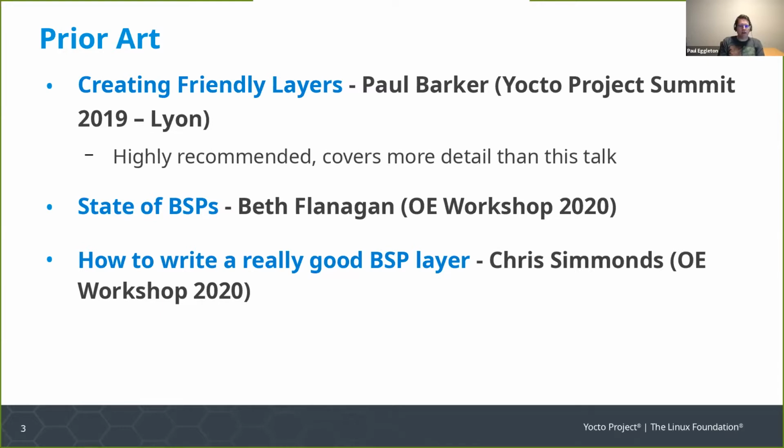And also State of BSPs by Beth Flanagan from this year's OE workshop, and Chris Simmons, How to Write a Really Good BSP Layer, also from that same workshop. There's going to be some overlap with those presentations, but I've got a slightly different focus here, so hopefully this will be complementary to those.